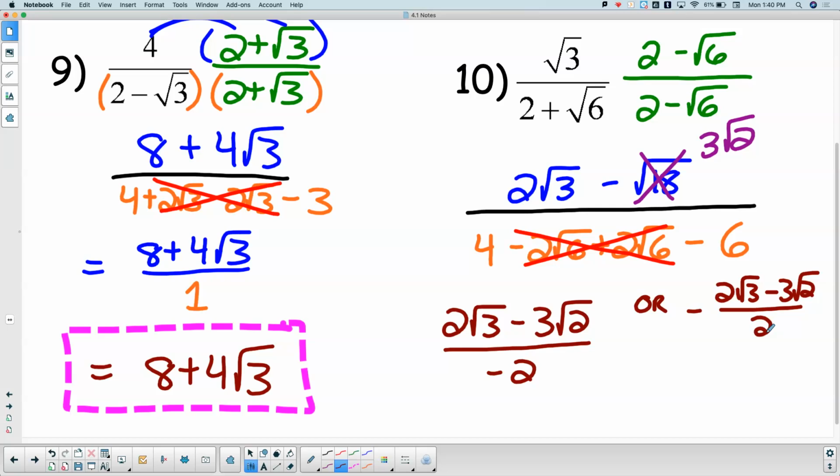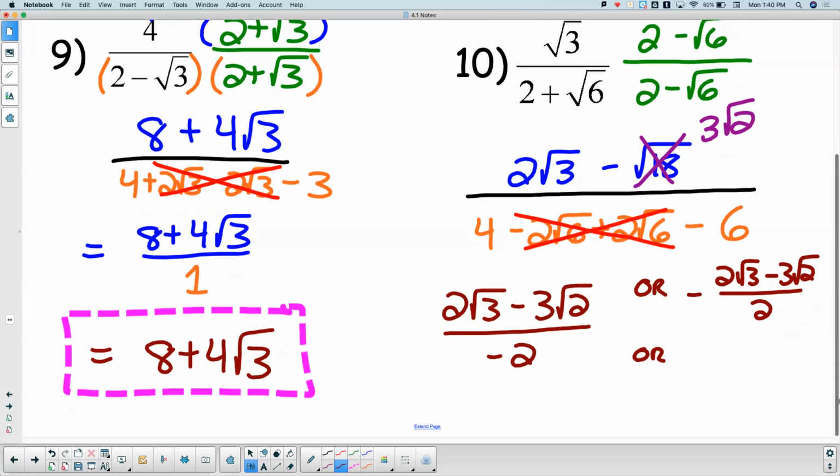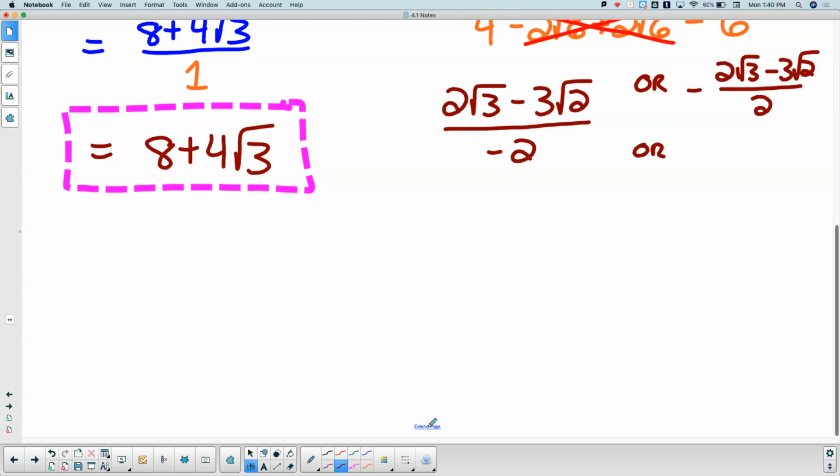Or I could write it like that with the negative sign out in front. Or I could write it like that.